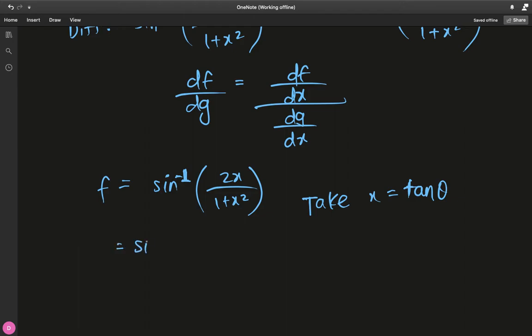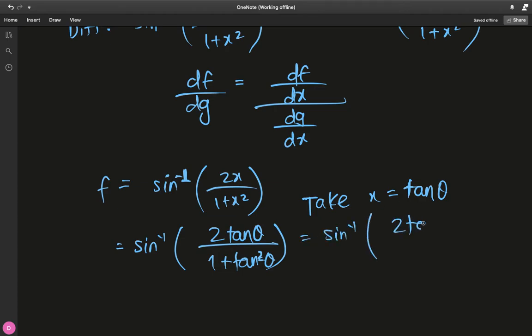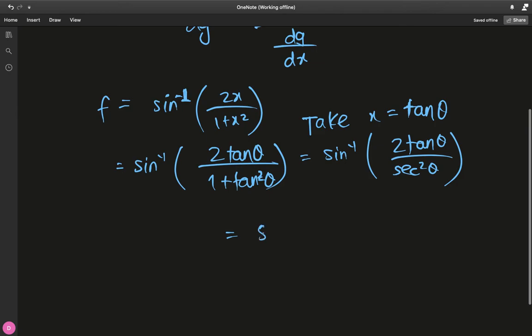So when I do that, we have sine inverse of 2 times tan theta over 1 plus tan squared theta. There's a direct formula, the sine double angle formula in terms of tangents, but let's just simplify it the conventional way. So this becomes 2 tan theta over 1 plus tan squared theta, which is secant squared theta. Now write everything in terms of sines and cosines.